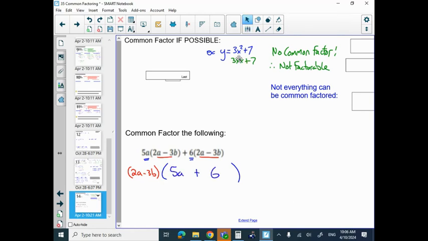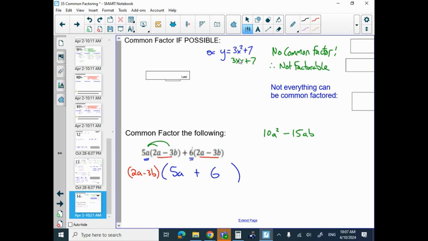Now I just want to show you that it could have been given like this. It could have been given as 10a squared from multiplying the 5a and the 2a, and minus 15ab from the 5a times the minus 3b.